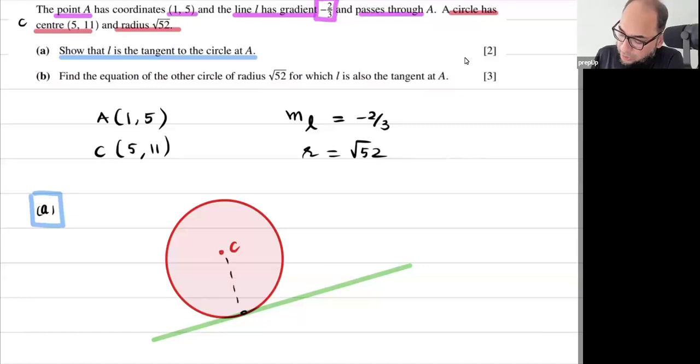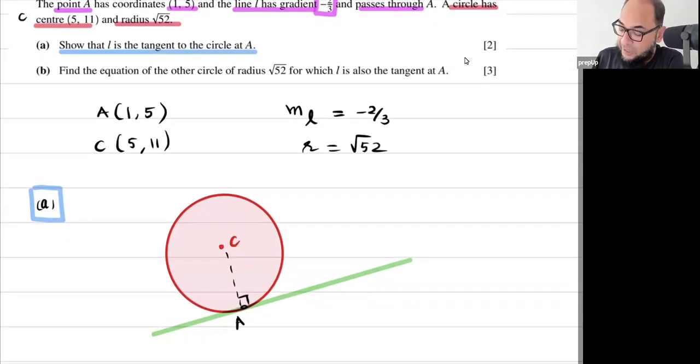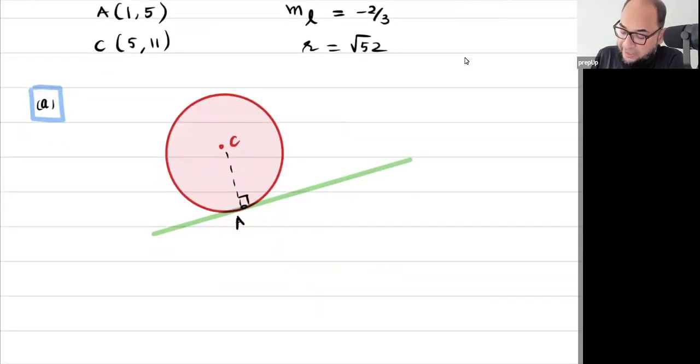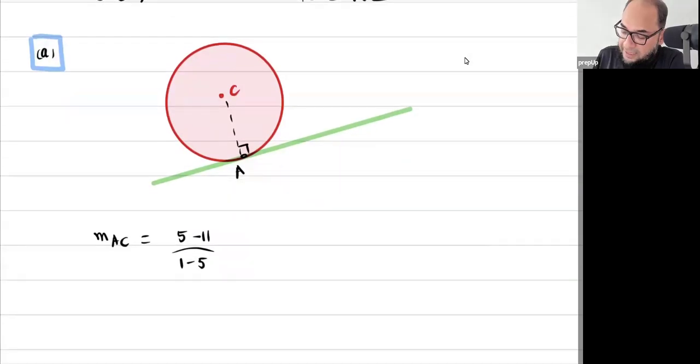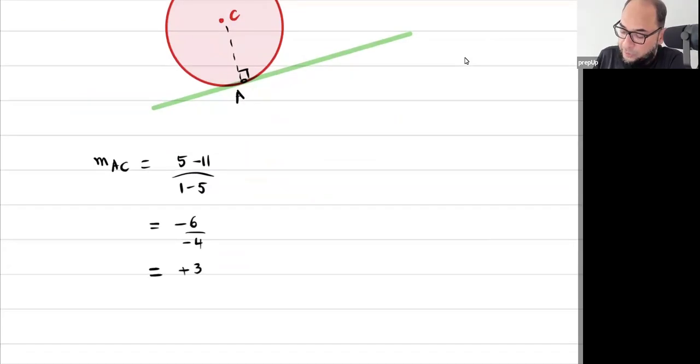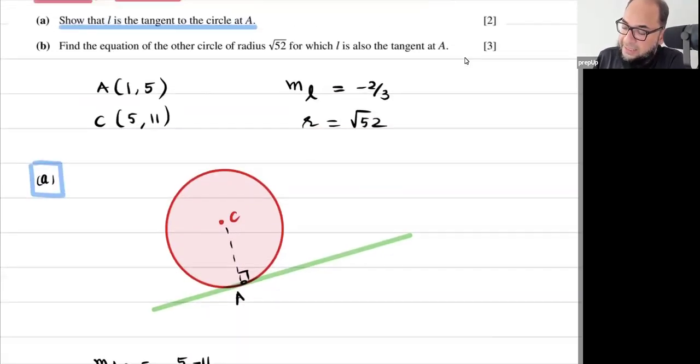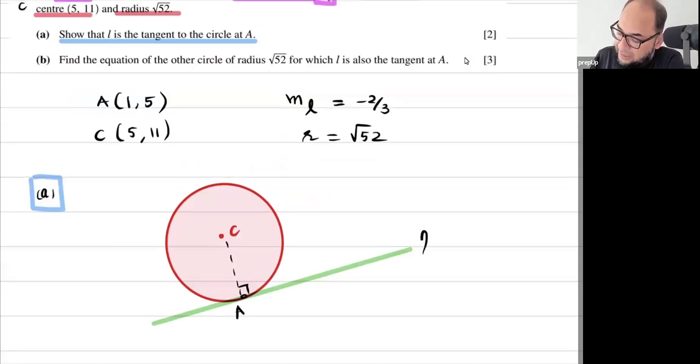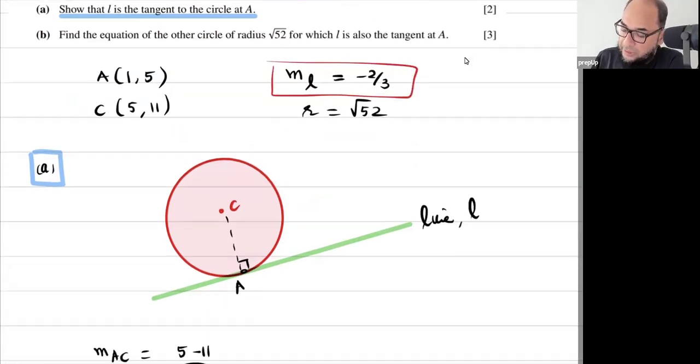And if I draw a perpendicular, the radius is perpendicular to tangent at the point of contact. So let me calculate the gradient of AC. That is 5 minus 11 over 1 minus 5. That is negative 6 at the top, negative 4 at the bottom. That comes out to be positive 3 over 2. And this is the line L. The gradient of line L is negative 2/3.